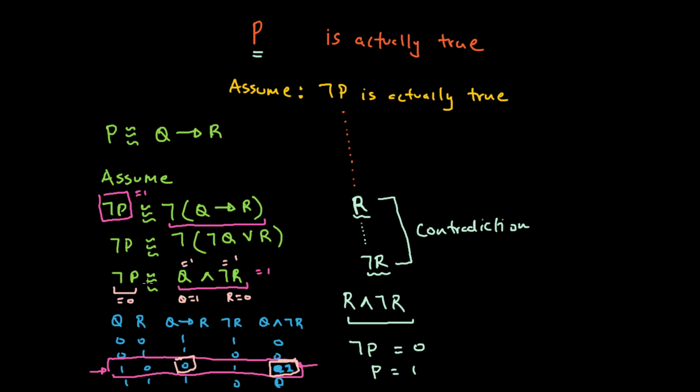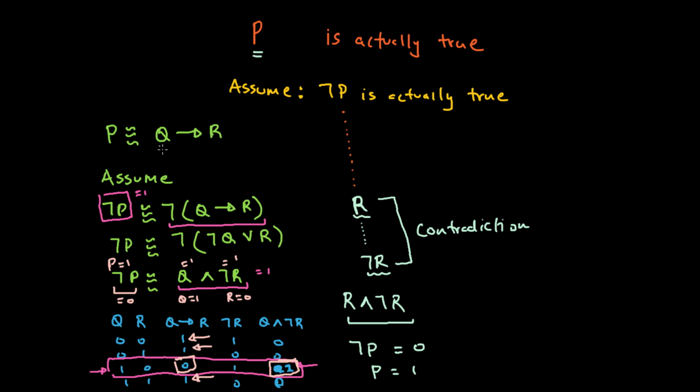If not P is 0, that gives you the idea that P must be 1. P is actually 1 in the following cases: over here, over here, and over here.